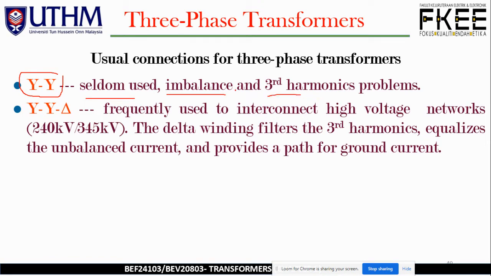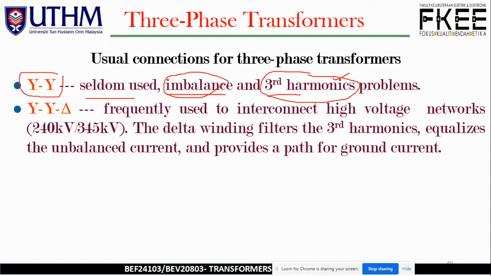Especially the load imbalance results in the phase voltages becoming severely unbalanced. And what about the third harmonics? It may cause increasing current in the neutral conductor. This is the problem we are facing with the third harmonics issue.